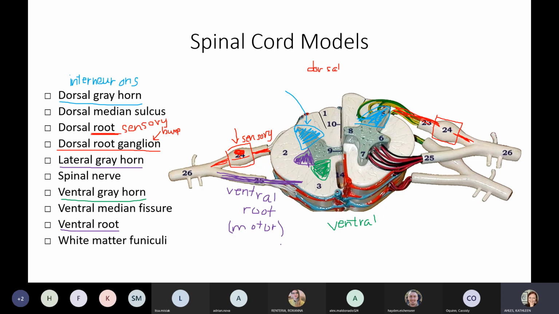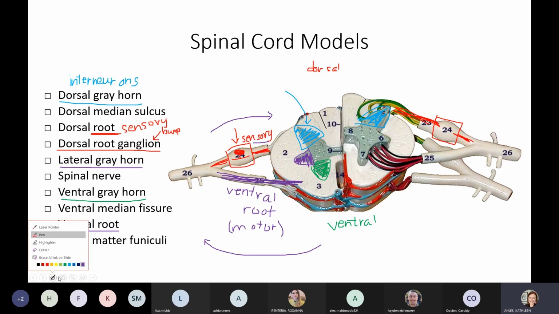When we talk about the dorsal root, what we labeled back here is sensory, those neurons are going into the spinal cord. So the information's direction is a little bit different, going in to the back, going out of the front.